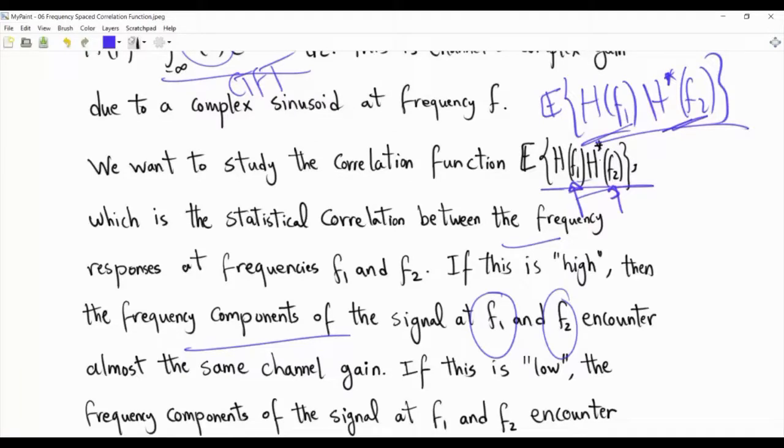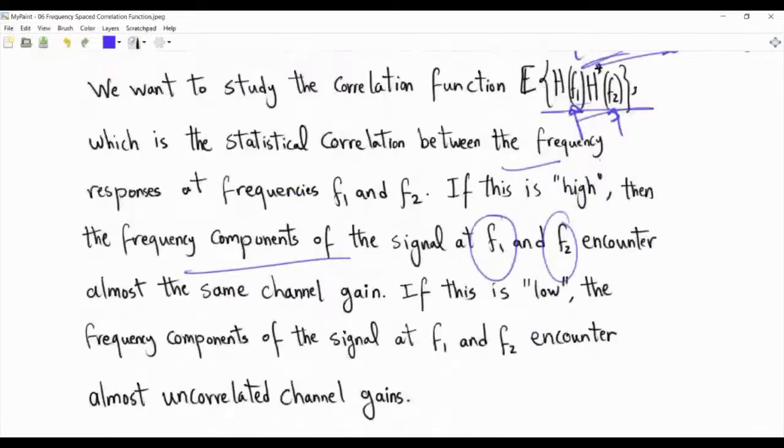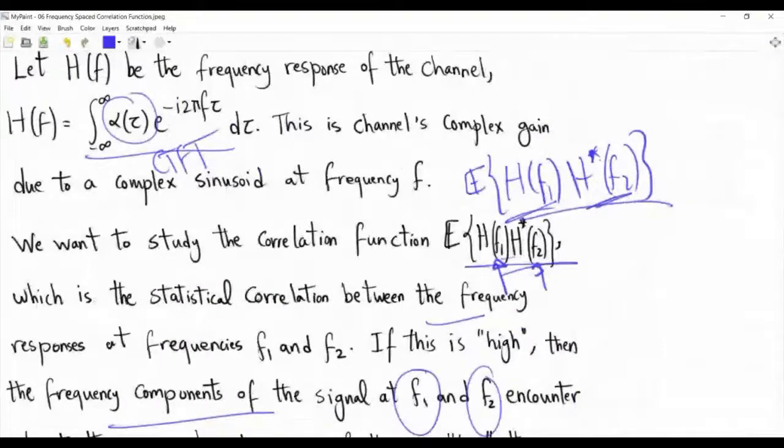And we will push uncorrelatedness and say they almost encounter independent channels.